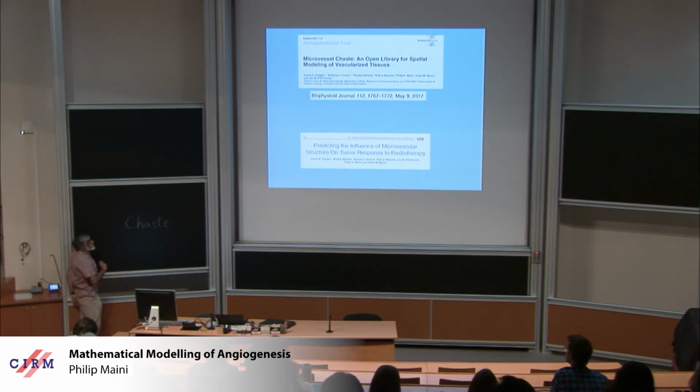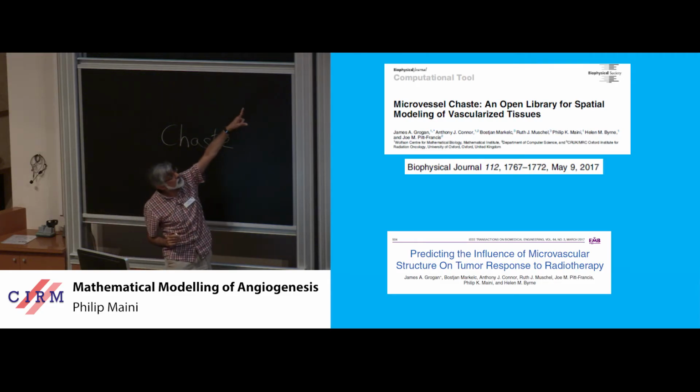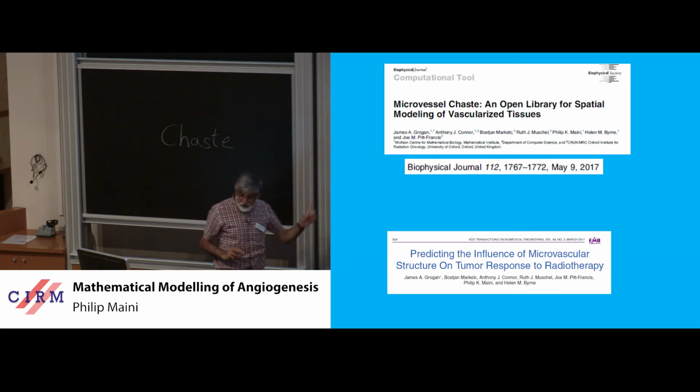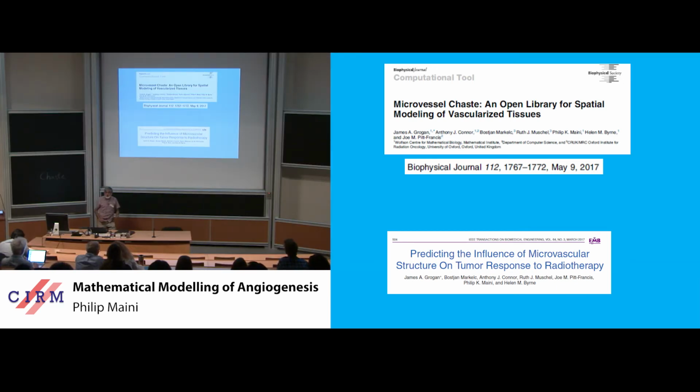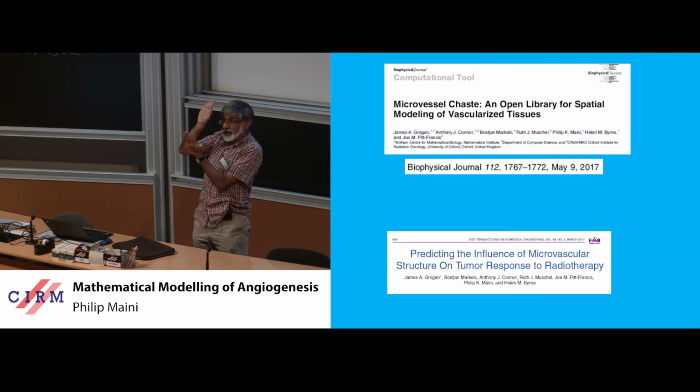And we've made something called microvessel CHASTE. Within microvessel CHASTE, we have developed the types of models I mentioned, but put flow in them. Remember I talked about the cornea, and I considered that as being one dimension. So I ignored two dimensions and I ignored curvature. Does that make any difference?